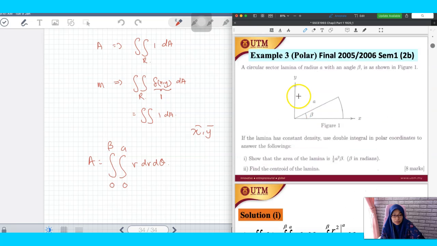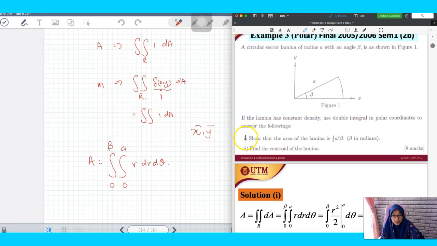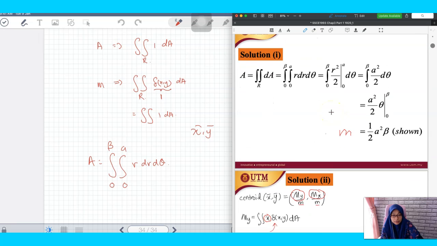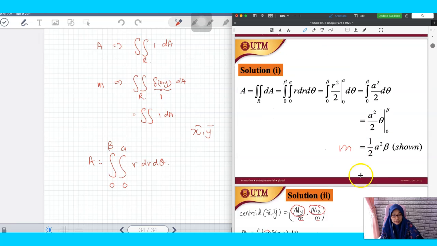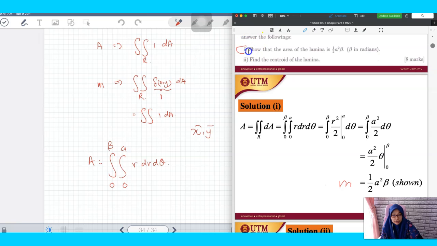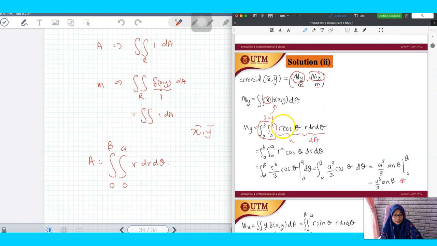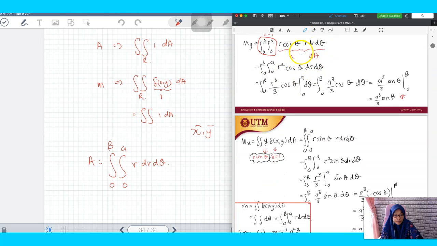So question I and question II refer to the same information here. That's why you can use the result in I here. By using the result here, you have to calculate the second part. I'm sure this is not so complicated. You just integrate r, so you get r squared over 2.